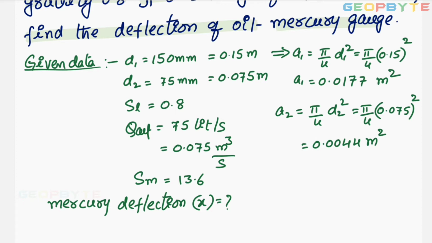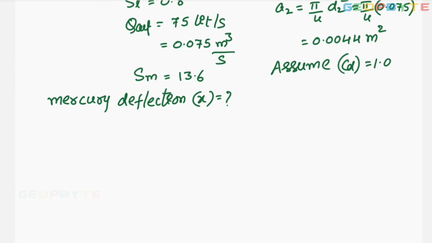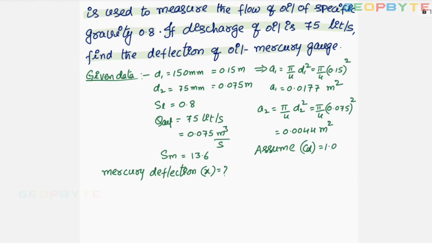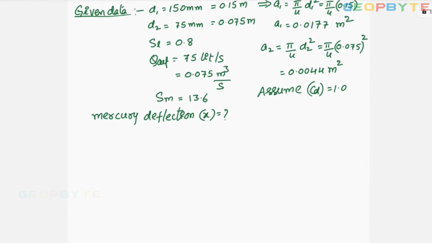Now for this problem, the coefficient of discharge is not given. If the coefficient of discharge is not given, assume CD equal to 1. Now let us take the formula.